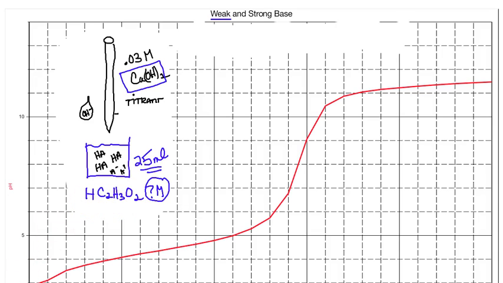Because a small amount gets dissociated, we would say that it's a weak electrolyte and that it stays together. So I'm going to write in my net ionic HC2H3O2. Because it's a weak acid and barely dissociates into H plus and the conjugate base, I write it this way. That's important.